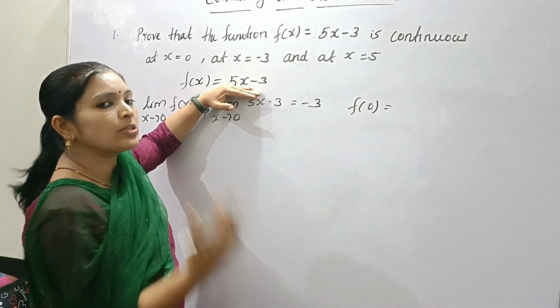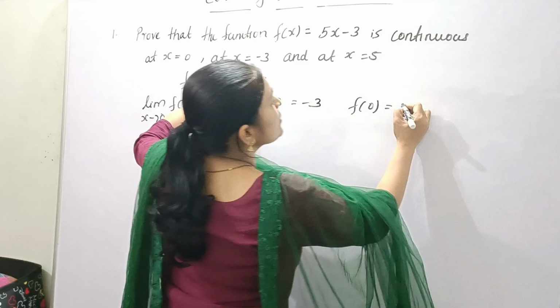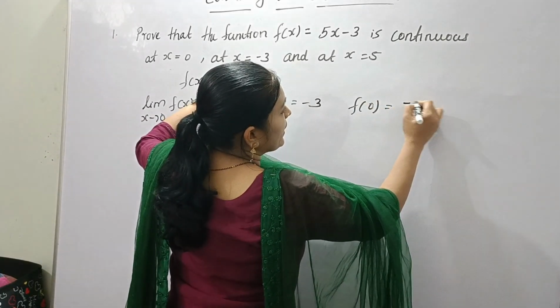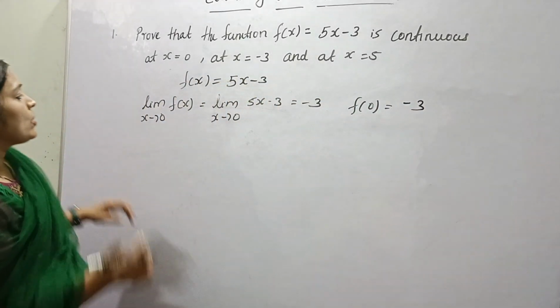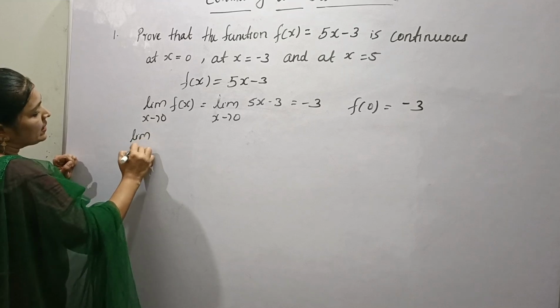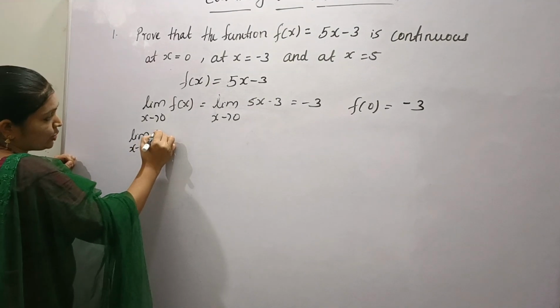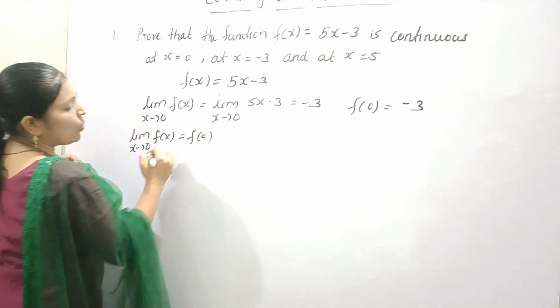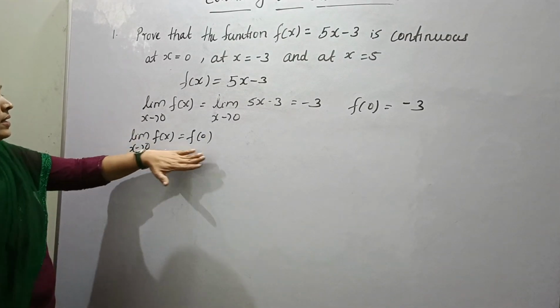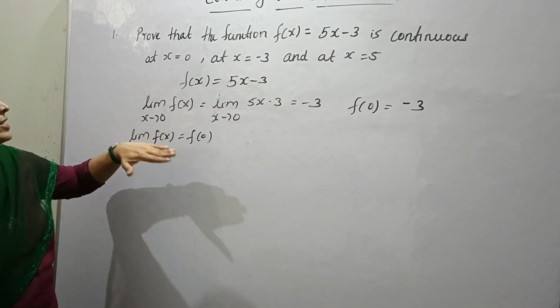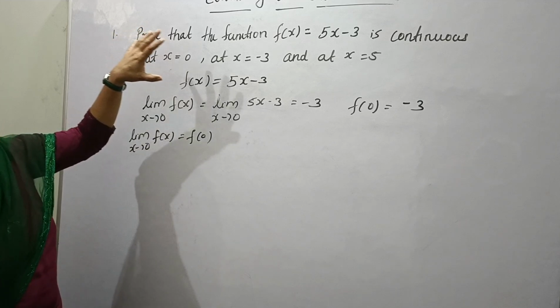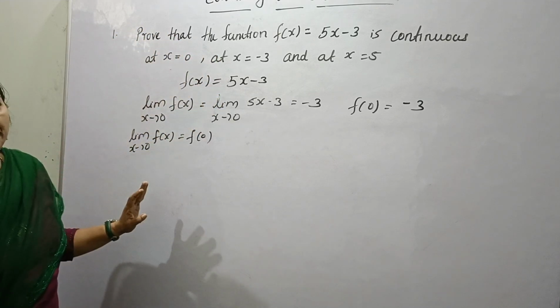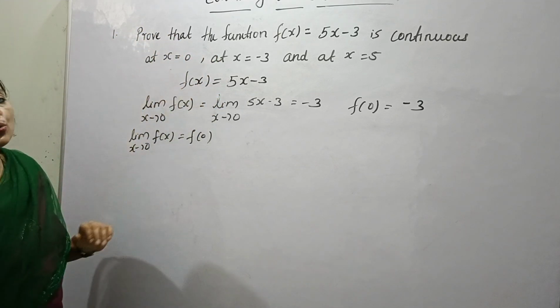So, 5 into 0, 0, minus 3 is minus 3. So, we have got limit x tends to 0, f of x is equal to f of 0. Hence, we say that this given function is continuous at x is equal to 0.